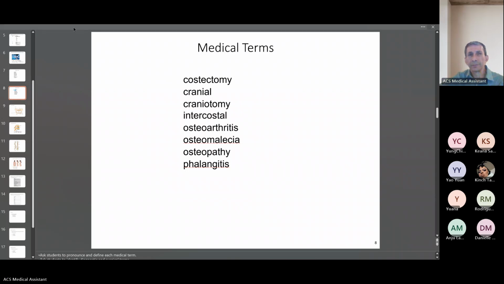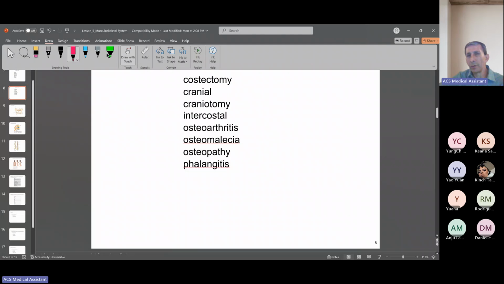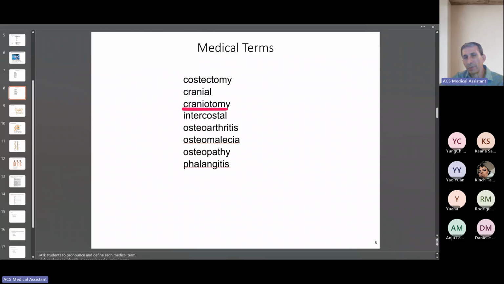Craniotomy. Remember, be very careful when you read these terms because it's tomy. There is no ectomy, there is no stomy. Tomy is the suffix, o is the combining vowel, and crani is the word root. Tomy is an incision, cutting through something.